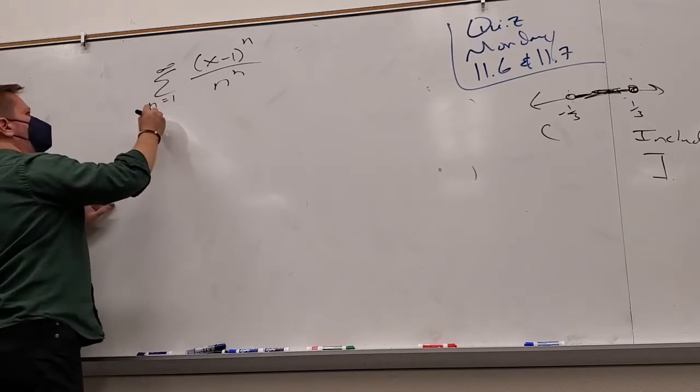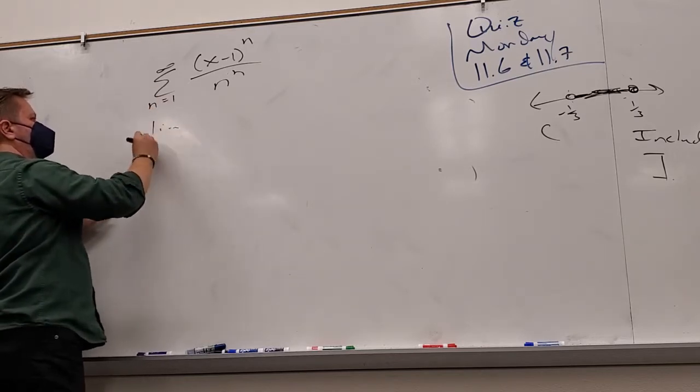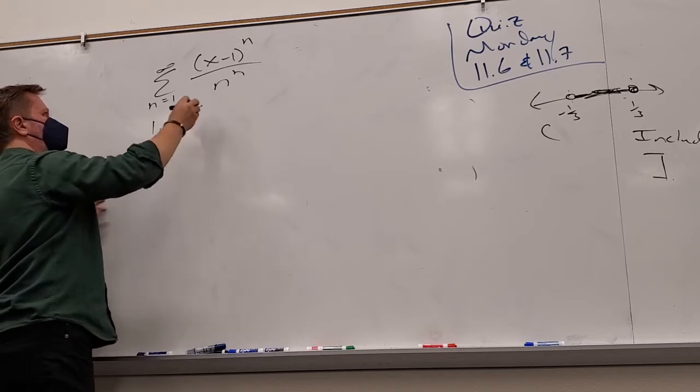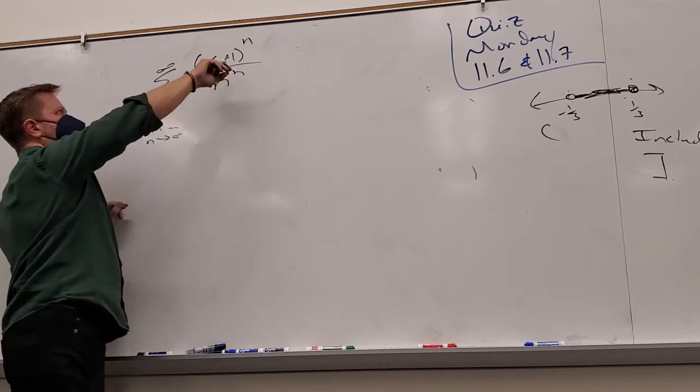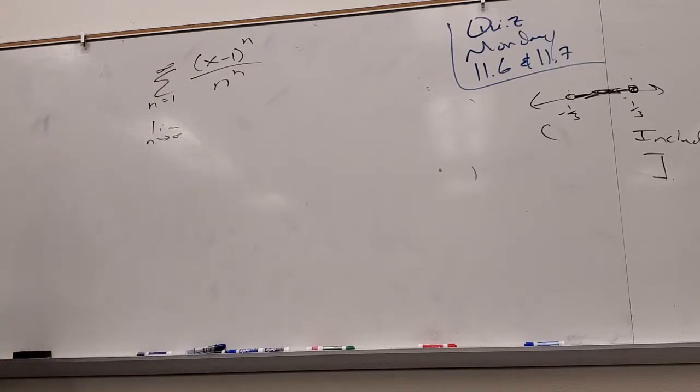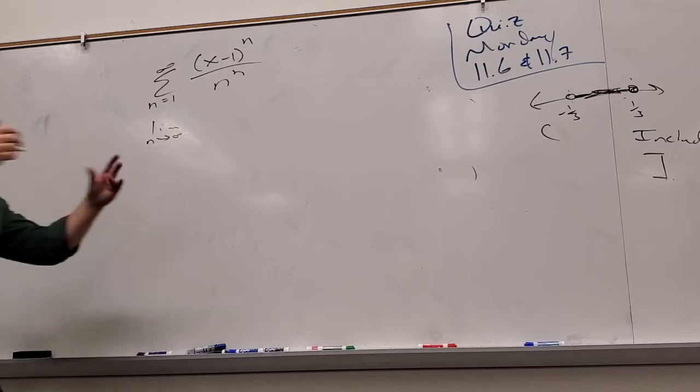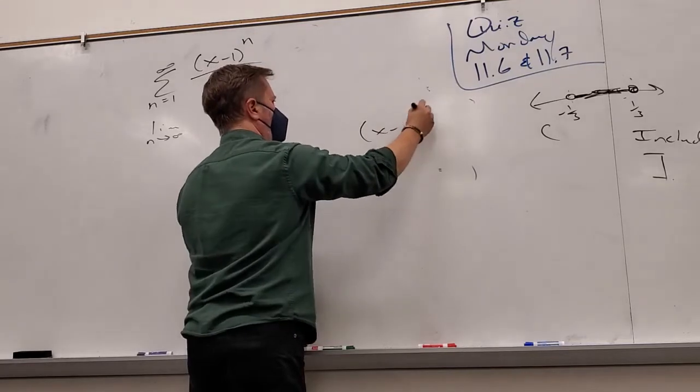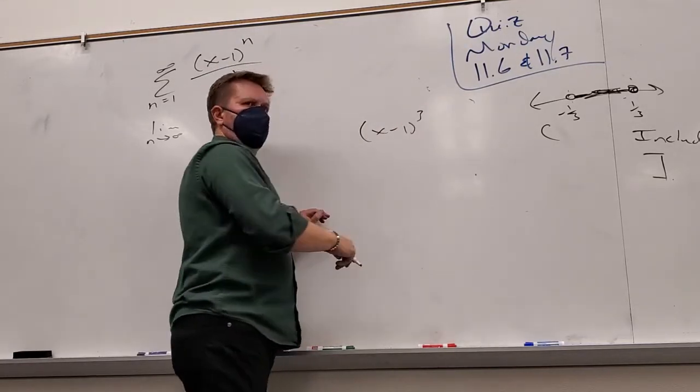So if you do the ratio test, it's not a bad idea to redo this one because it's got this weird thing. Now this is still a power series. It's just been shifted by 1, right? For example, if I had to take this guy's derivative, do I need a chain rule or anything?